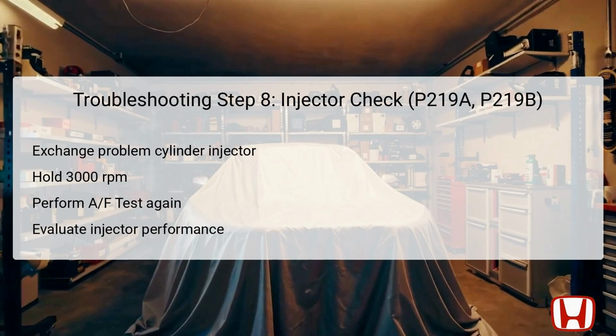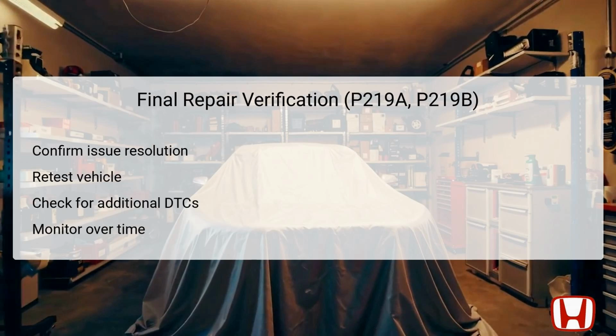If the problem persists, it could be indicative of intermittent failures, thus confirming that the system is functional at that moment, prompting additional investigations on other potential issues. Final repair verification is crucial to ensure that the issues indicated by DTC P219A and P219B have been adequately addressed.